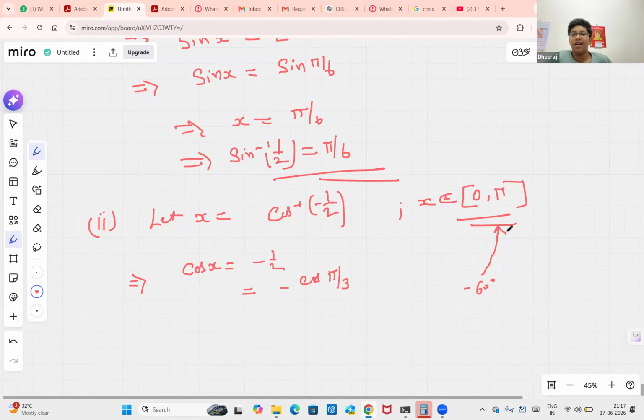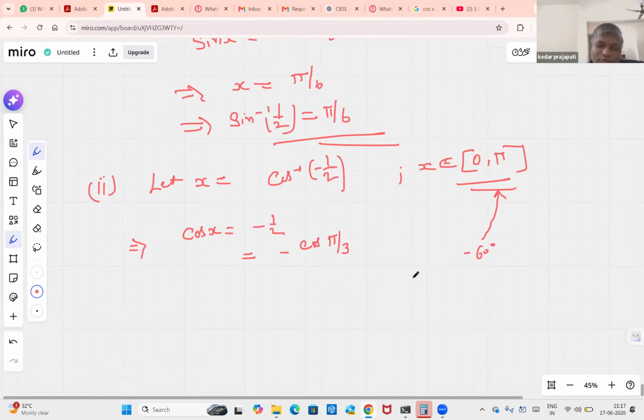So you have to change. The process is the same. The process is correct. Whatever you did, I was also supposed to do that. Now what happens? Cos of 180 minus theta is equal to minus cos theta.